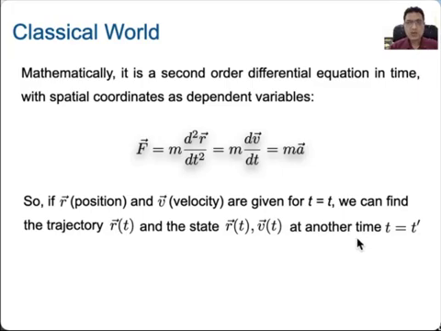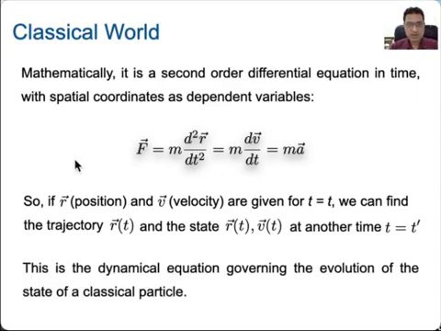Once we know the position of the particle at different times t, t prime, and so on, we can call this the trajectory of a particle. This is what we know in the classical world, and this is what we call a dynamical equation of motion, which governs the evolution of the state of a classical particle.